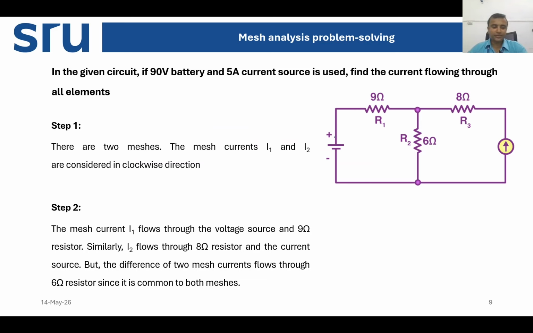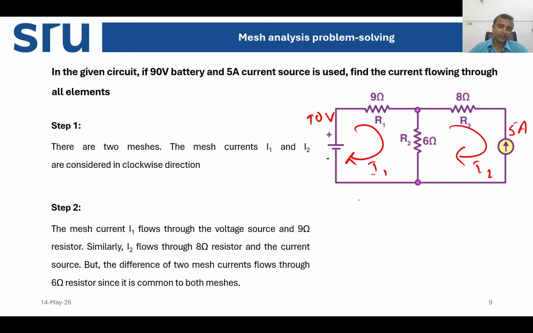The same thing we will do. We consider I1 current in the left loop and I2 current in the right loop. I am not considering the ABCD nomenclature because that will give you some confusion. This is 5 ampere, this is 90 volts, and then we can put the equation here.